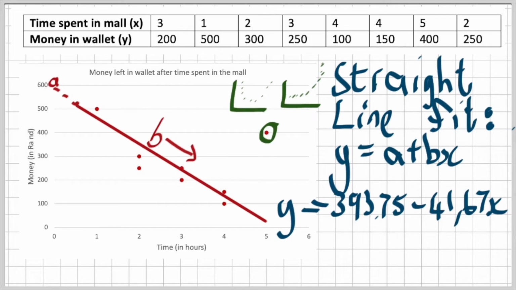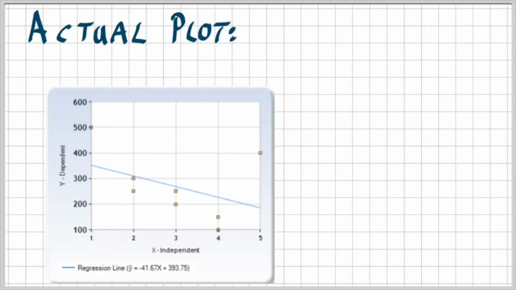Let's now have a look, ladies and gentlemen, at the actual plot. Now I drew the actual plot and I got the regression line. And you see, it's exactly the same formula as we had earlier. But it's a lot flatter than we thought.